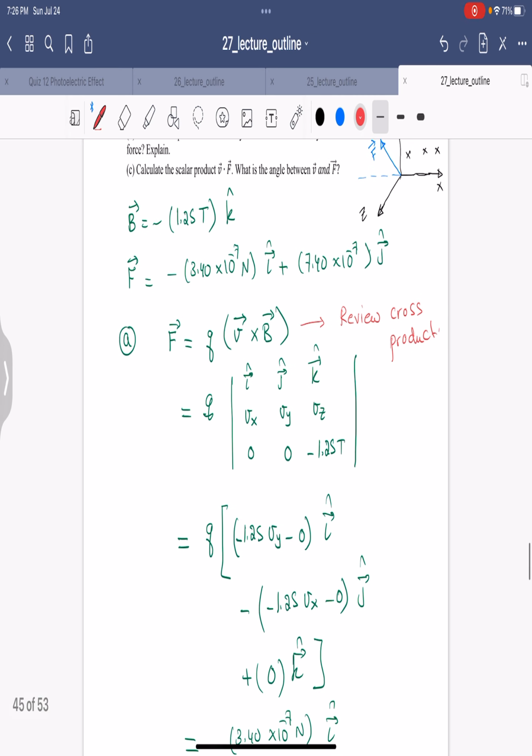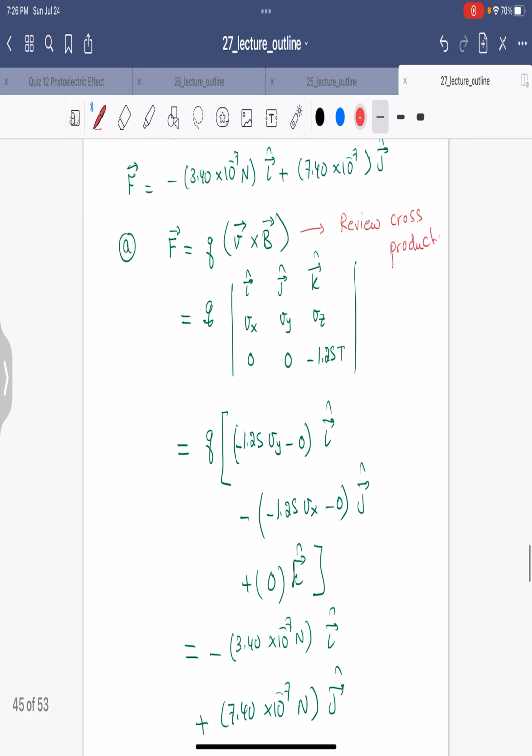The force is Q, V cross B, so I, J, K, then the components for the velocity, which I will assume Vx, Vy, Vz, and for the magnetic field, it is 0, 0. It doesn't have any X or Y. It has a negative Z value.